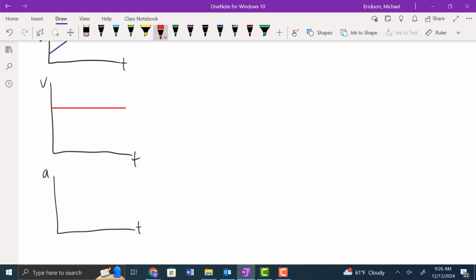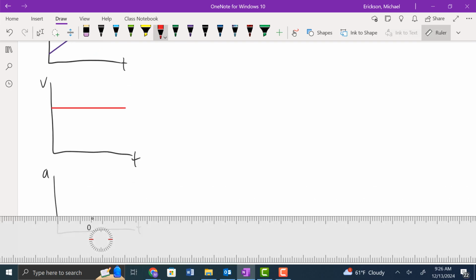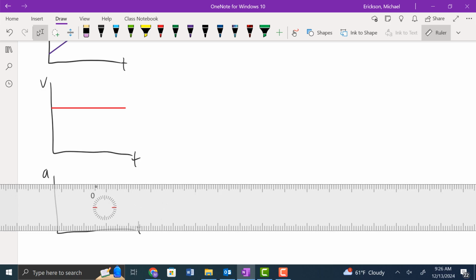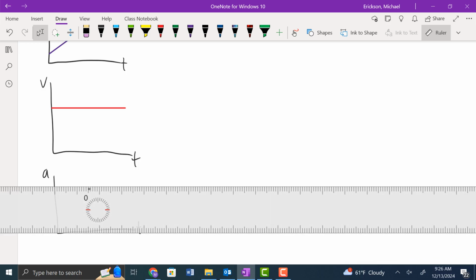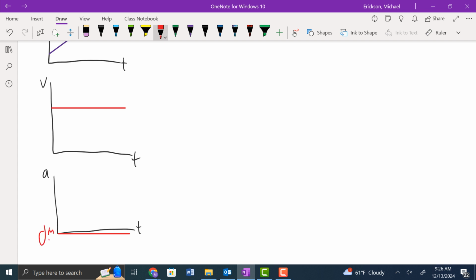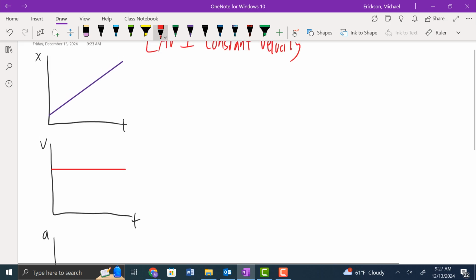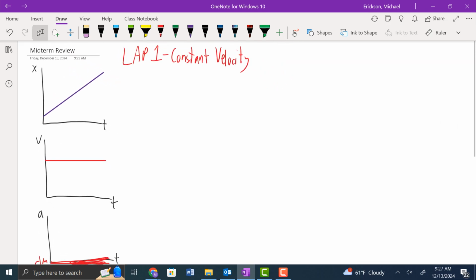Because there is no change in velocity, the acceleration time graph should be just zero the whole time. So let me just put it's at 0 meters per second squared. So this whole graph is just on the zero. Basically, what we will get out of this is the slope of this graph.